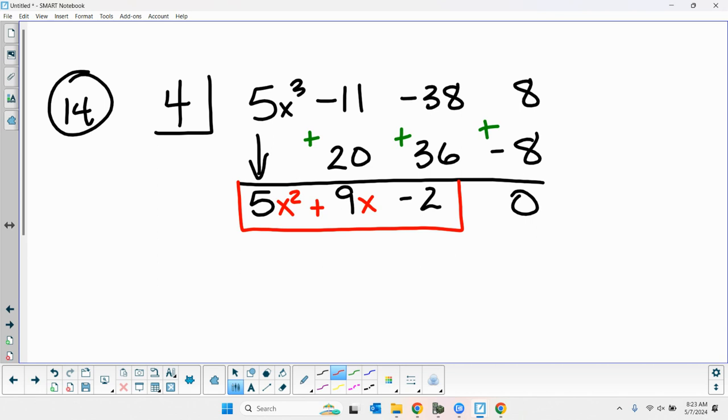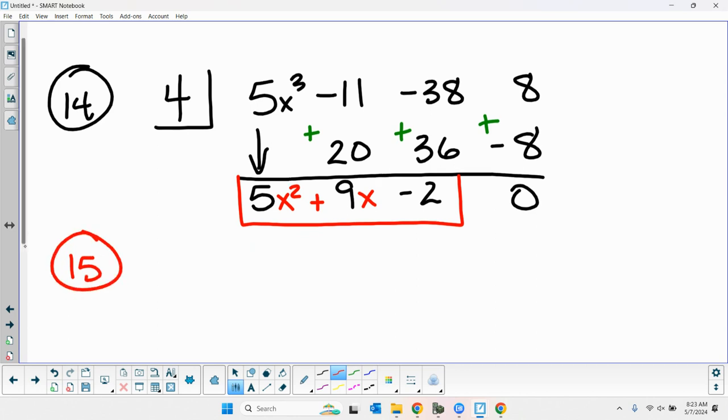Okay, for 15, it says use synthetic division and the factor theorem to determine whether or not negative 2x plus 5 is a factor of that polynomial. This x minus 4 would be a factor because the remainder was 0. So for number 14, we could say yes, it's a factor. For 15, let's see what happens if we get 0 when we do it.